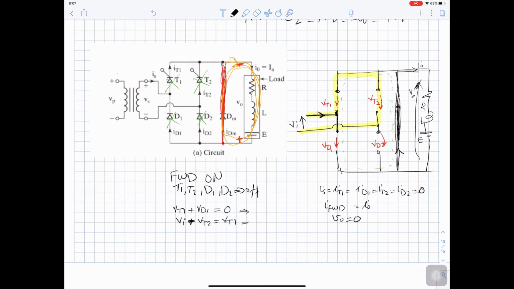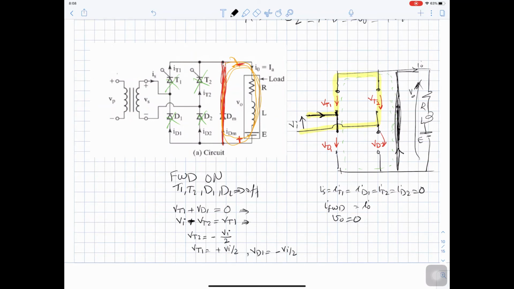And don't forget that all the switches are identical, so they have equal voltage magnitude because they have almost the same resistance. So you can see from this equation that V thyristor 2 equal to negative V input over 2. So V thyristor 1 will be positive V input over 2. So V diode 1 will be negative V input over 2.